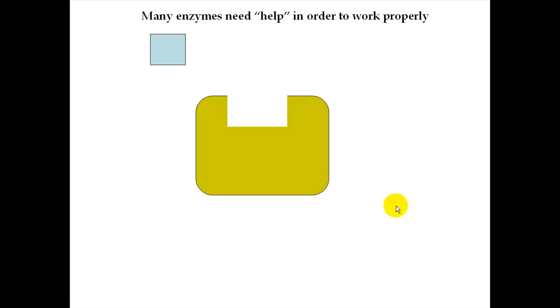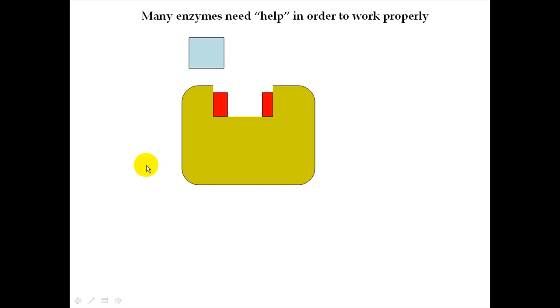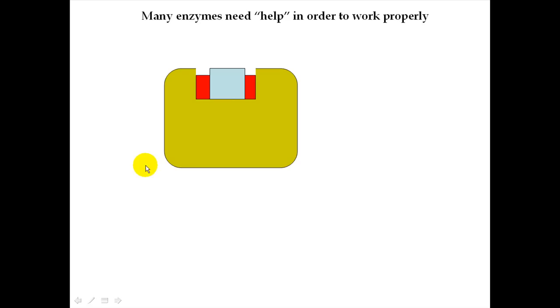Here's another thing to know about enzymes. It turns out that oftentimes enzymes need a little help in order to work properly. So in this picture, this represents an enzyme, this represents its substrate, and what we mean by help is this. It turns out that sometimes other molecules have to occupy the active site in order for the enzyme to bind tightly to its substrate.